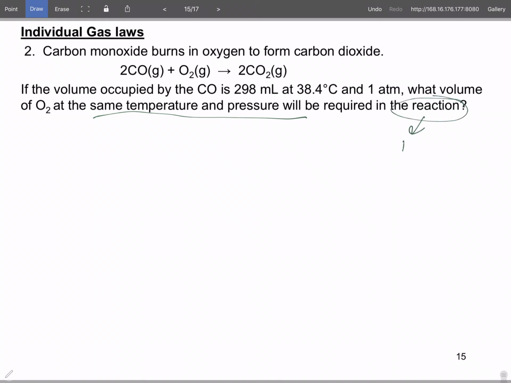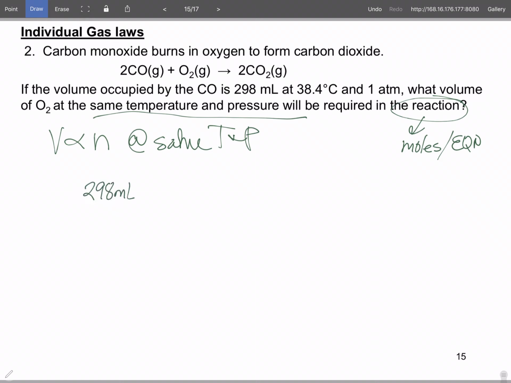So reactions means moles in the equation. Okay, so wait a minute. Avogadro's law says that volume is going to be proportional to moles at the same temperature and pressure. So if we're looking at this, you have 298 milliliters of CO. And what you're looking for is the volume of O2.